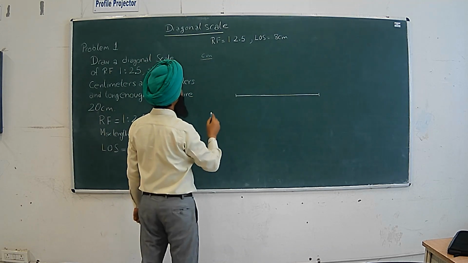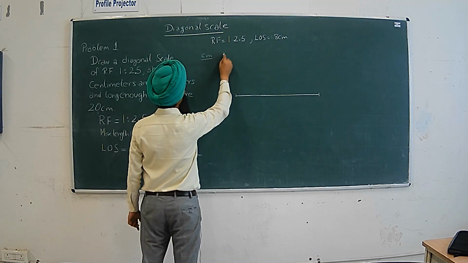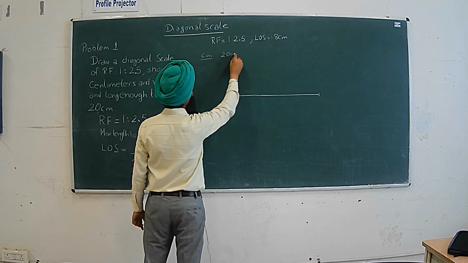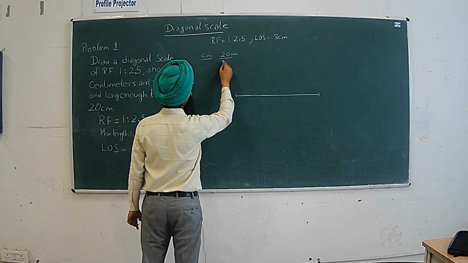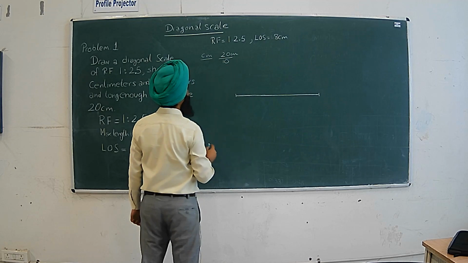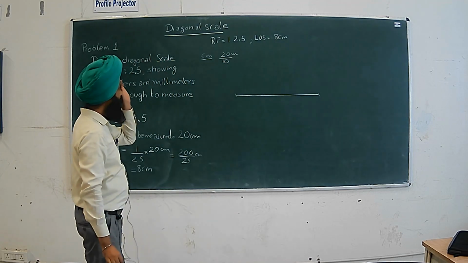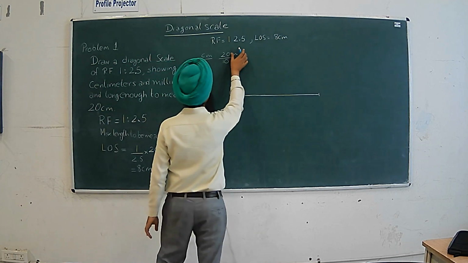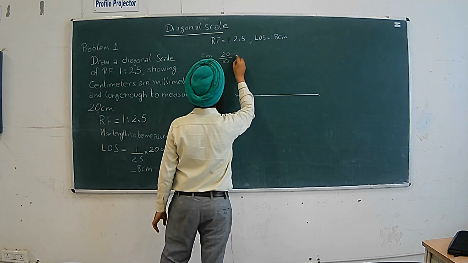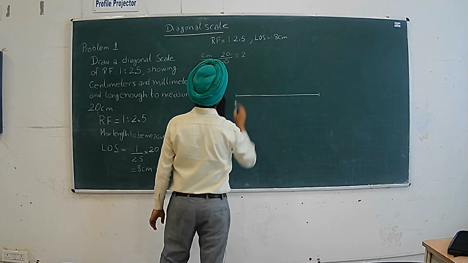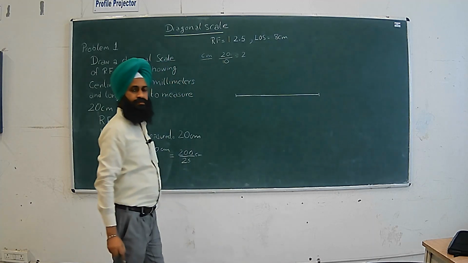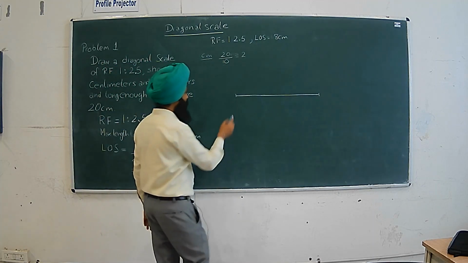We are to show centimeters. Maximum length given is 20 centimeter. So the biggest unit of centimeter is 10 centimeter. So when we divide 20 centimeter by 10, we get 2.